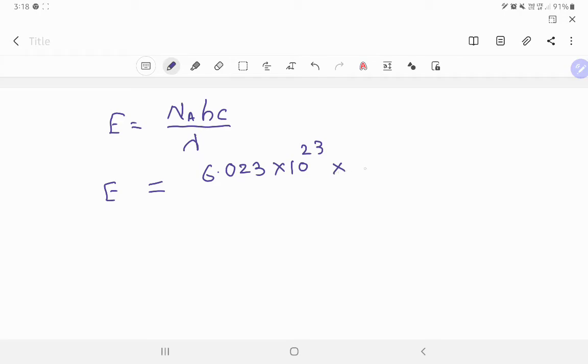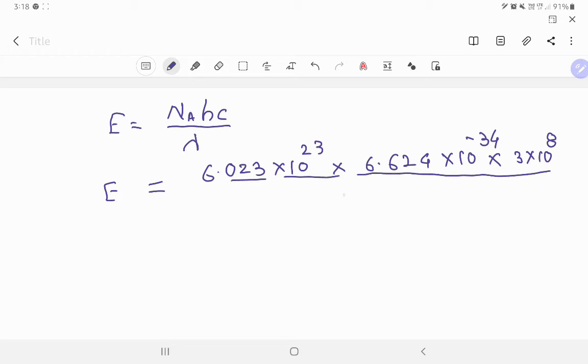The value of h is 6.624, some take 6.626, whatever it may be, into 10 raised to minus 34 joule second, into c, the velocity of light in SI unit, 3 into 10 raised to 8 meter per second, divided by lambda.